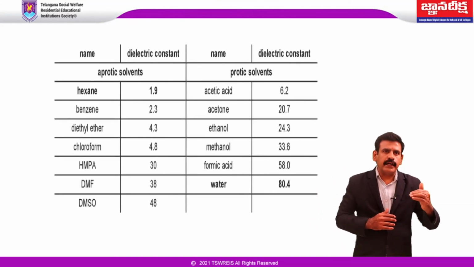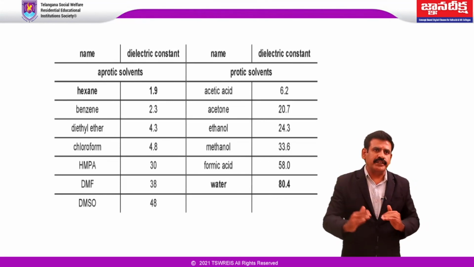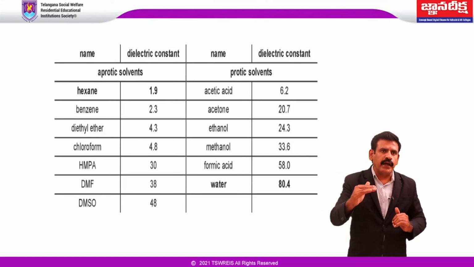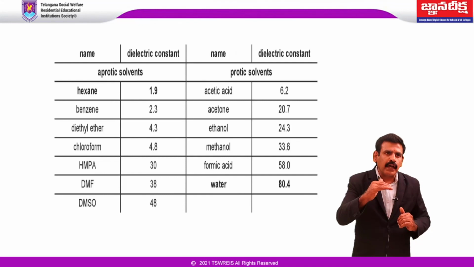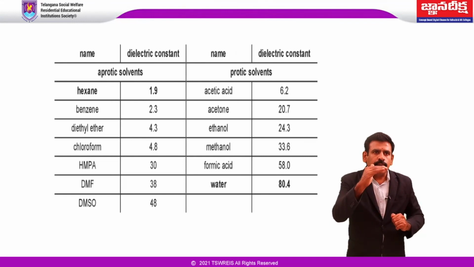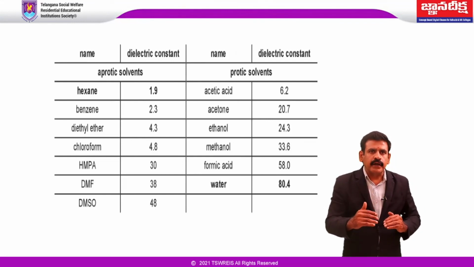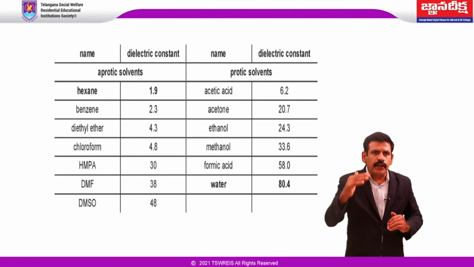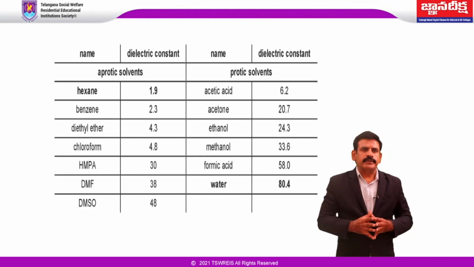You observe the dielectric constants of protic solvents and aprotic solvents. Hexane 1.9, then diethyl ether, chloroform, hexamethyl phosphoramide, dimethyl formamide, dimethyl sulfoxide. These are aprotic solvents, and the protic solvents are acetic acid, acetone, ethanol, methanol, formic acid and water.